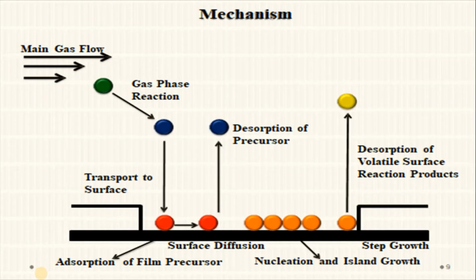Then we transport those byproducts by diffusion, so the desorption of volatile surface reaction products takes place. Then we get the nucleation and island growth at the surface. So in this way the CVD mechanism works.